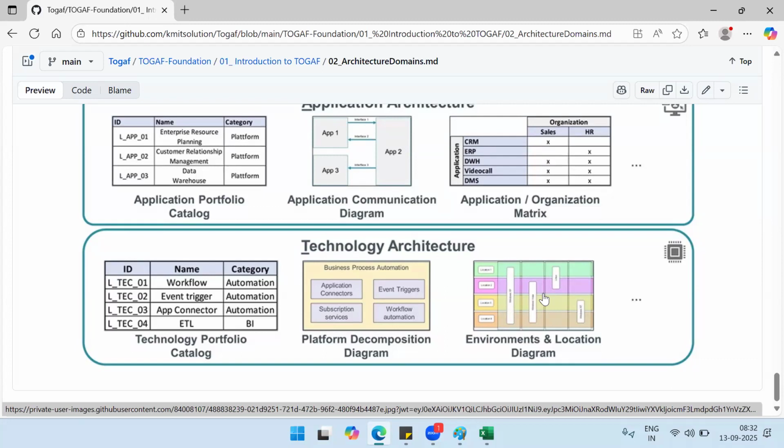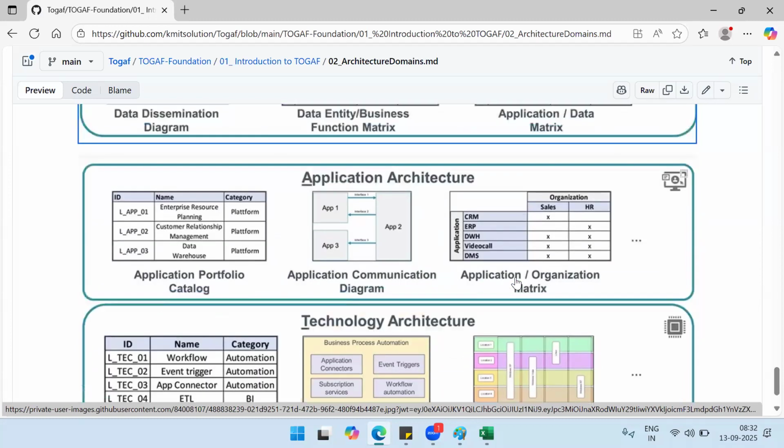Okay. So these are the main ones, but there could be many platforms, or you can say artifacts. Artifacts means the actual things, right? Which you can use with the domain.